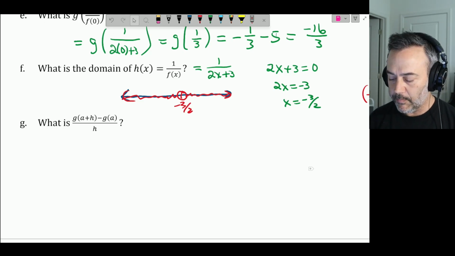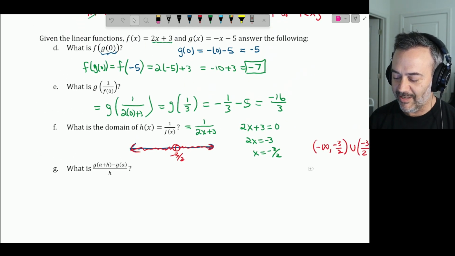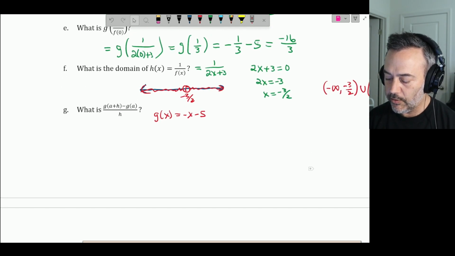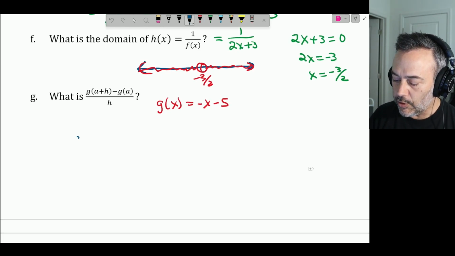On these kinds of problems, you just need to be careful and slow. So I'm going to write my g function down here so I can see it. G of x is equal to negative x minus 5. Okay, so g of a plus h, well, what is that equal to?